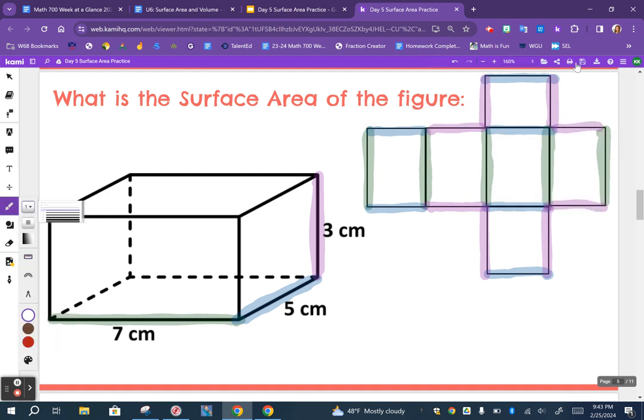So with these colors, I'm able to quickly label the side lengths of all the lines. I know that all the green lines are 7. I know that all the blue lines are 5. And all the purple lines are 3.